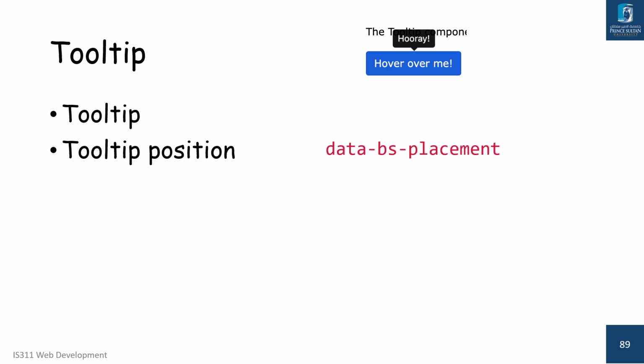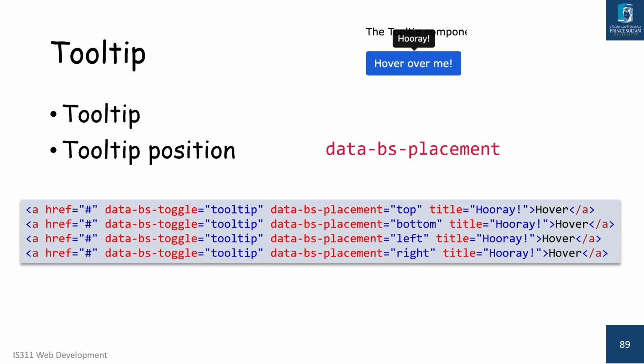Data-bs-placement: if you look down here, we are saying placement top, placement bottom, placement left, placement right. Accordingly, it will show you that tooltip where you want to display it. And the tooltip is actually a title information that we want to display.